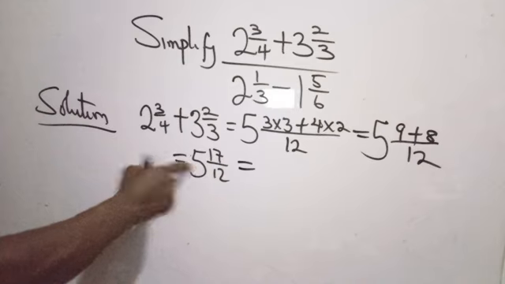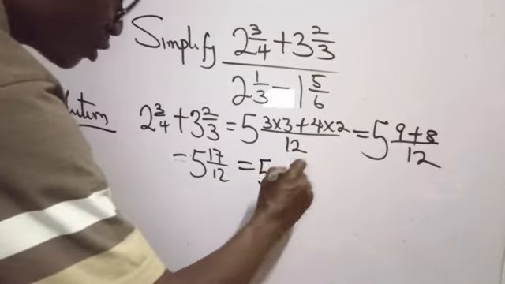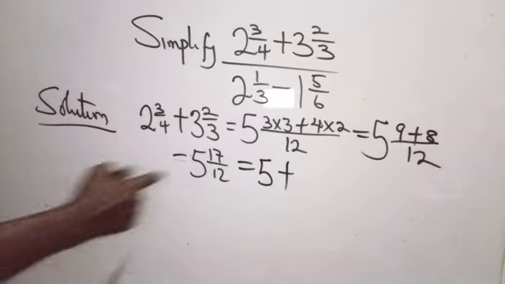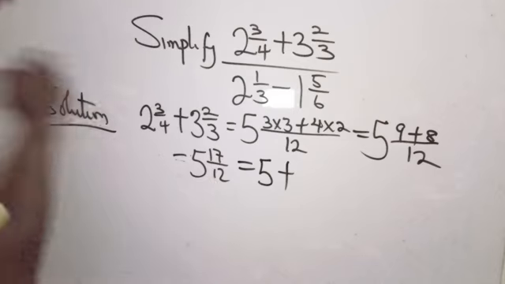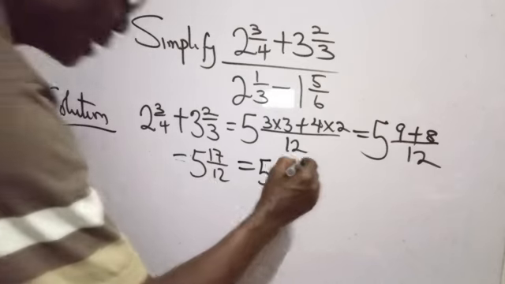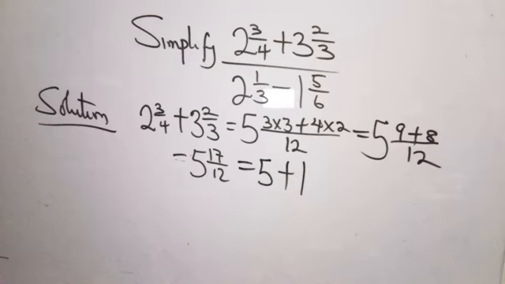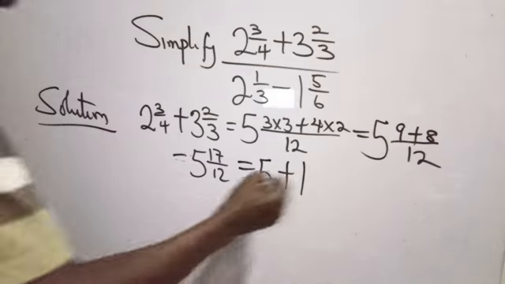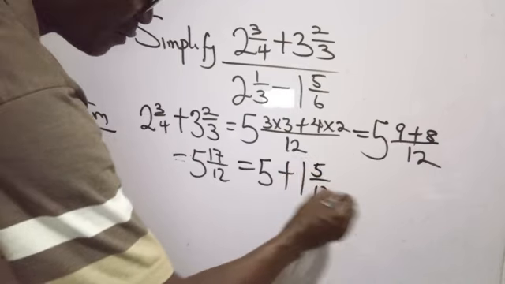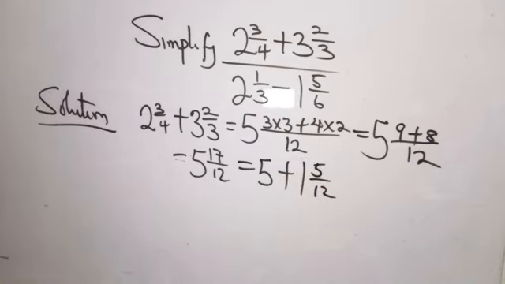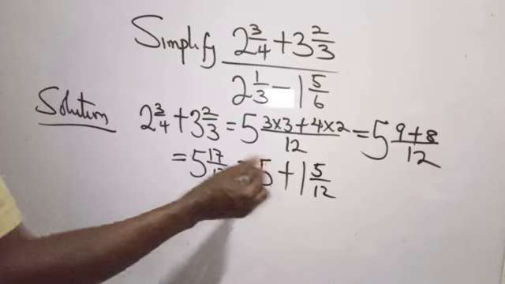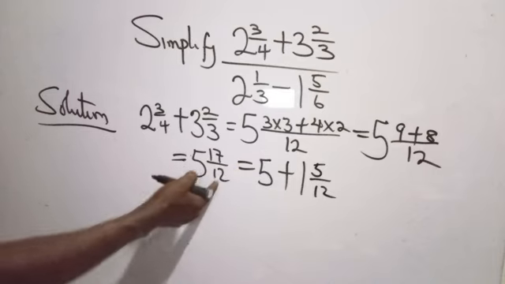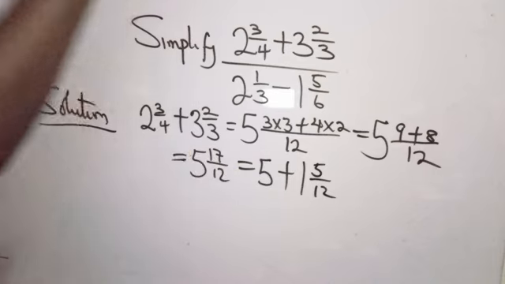Let's separate this 5, then plus. How many 12 are we going to get in 17? 1, because 12 times 1 is 12. It will remain 5 over 12. Again, you separate this 5, then plus, 1 whole number.